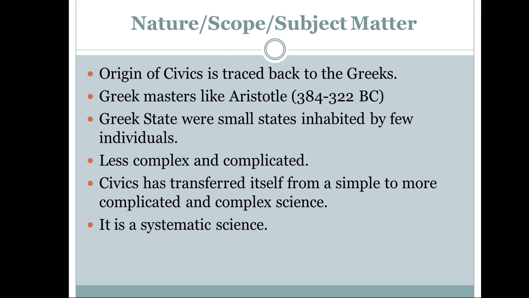That is the reason that civics has broadened its horizon from the local governments or from the small states to larger states, or we can say modern states. Thus it has become a very systematic science which helps us to know about good governance, good citizenship and all that.